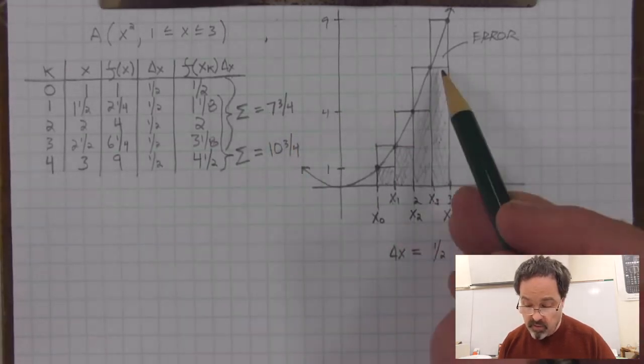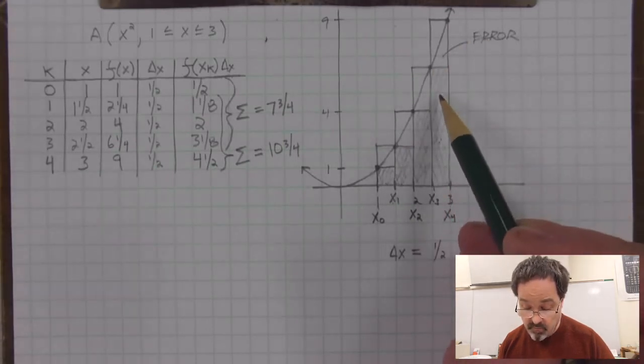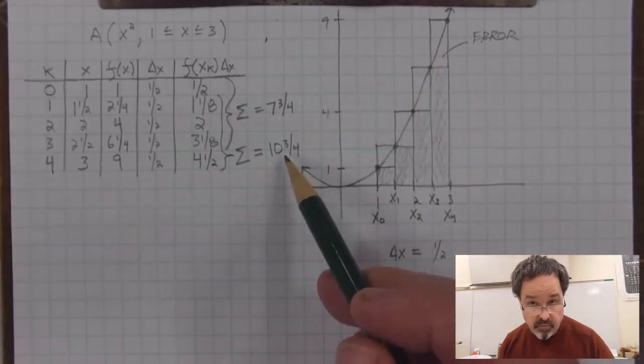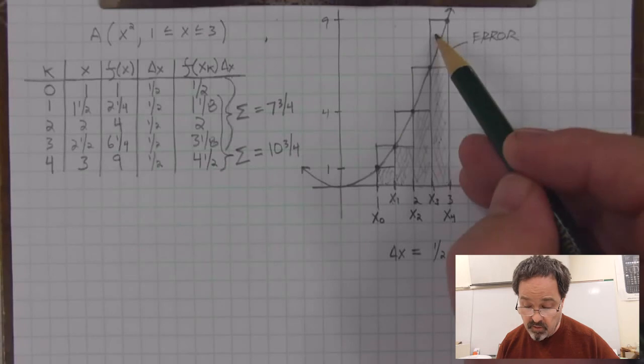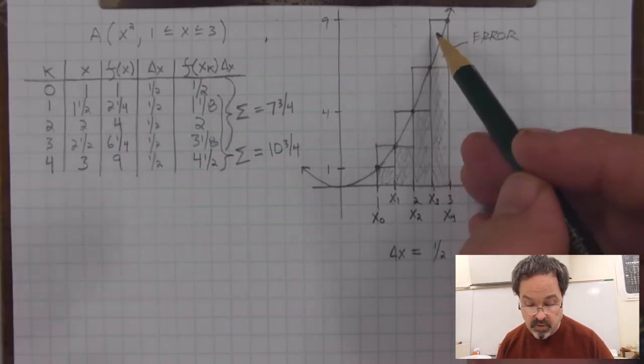One has an error that is guaranteed to be an underestimate because the error makes the rectangle areas below the function, and the other is an overestimate because the area or error is guaranteed to be over the values of the function.